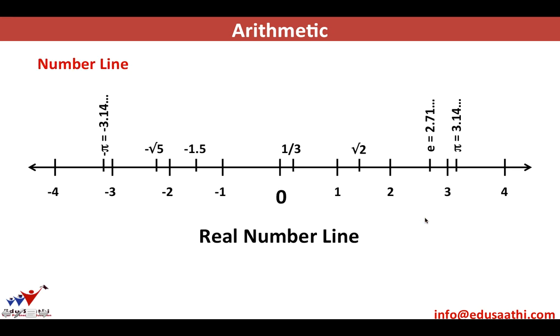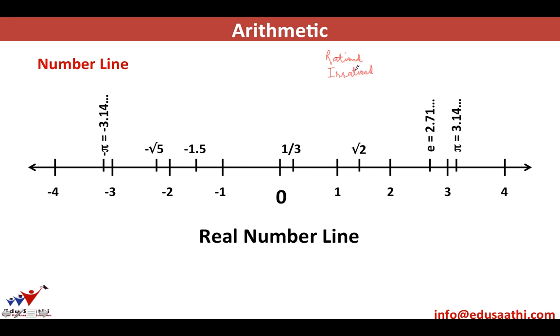Let's look at the number line. We were talking about real numbers, which were classified as rational and irrational. So both rational and irrational numbers can be expressed on the number line. Now what is a number line?